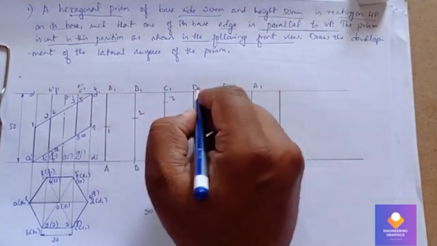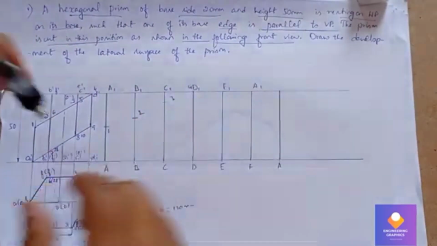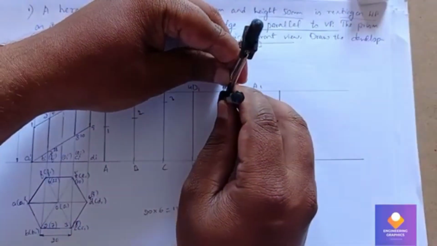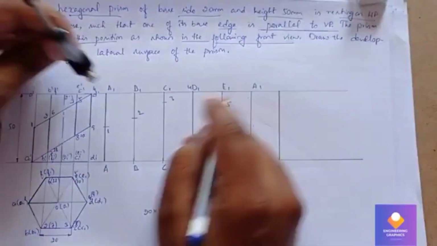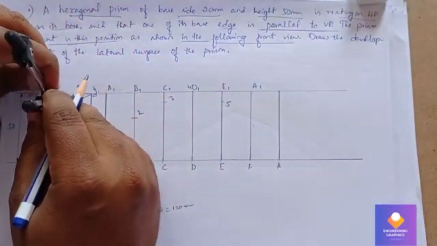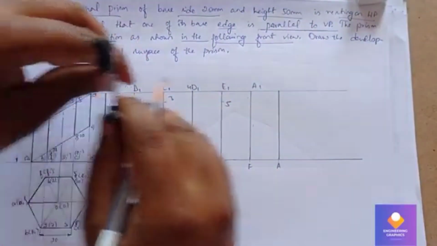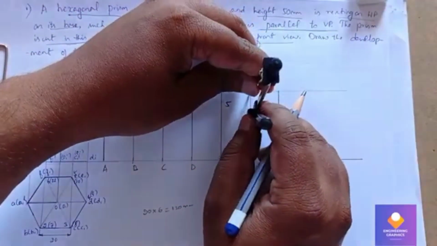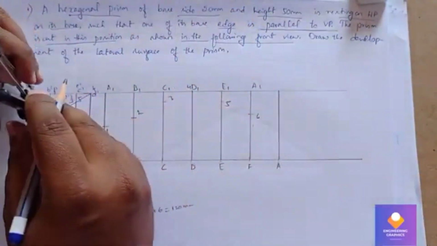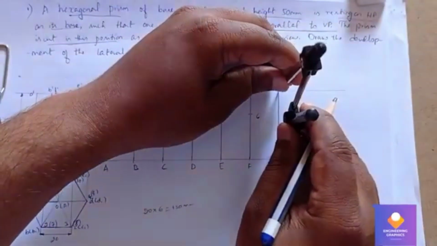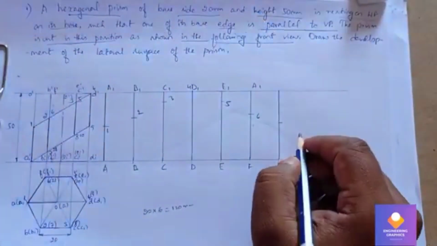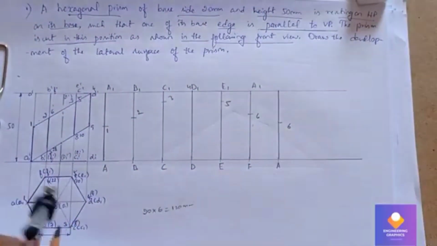So you can mention 1, 2, 3, 4. For the 5 we need to measure again, and that is exactly equal to 3. We already measured that, that's why we are cutting the same length. And then for point 6, for F1, and then exactly 1 we need to cut at the vertical edge A here. Sorry, that is 1.